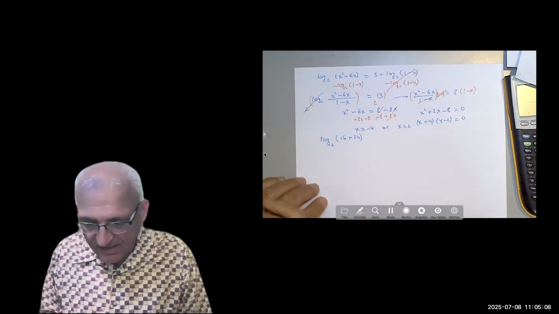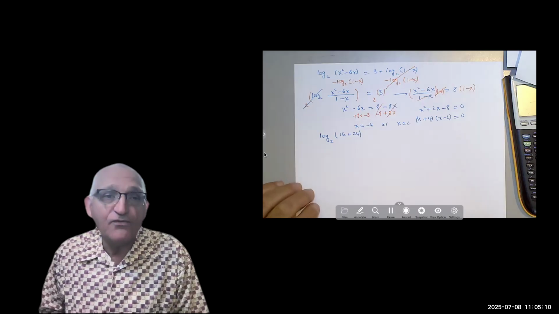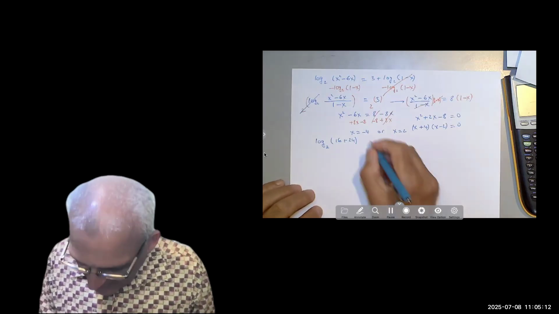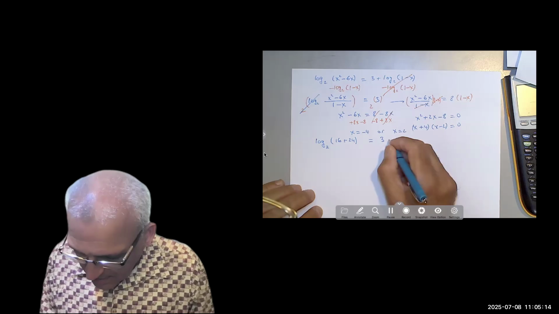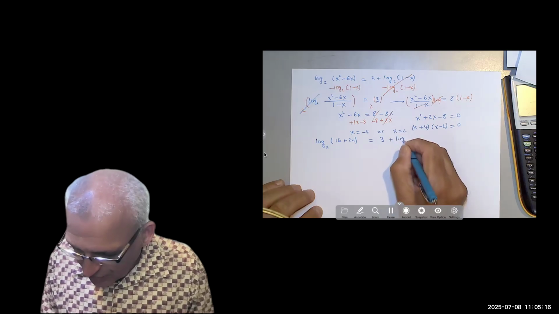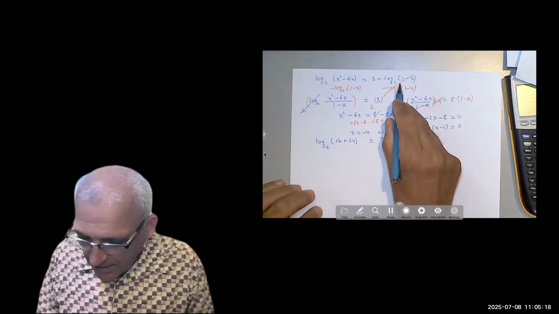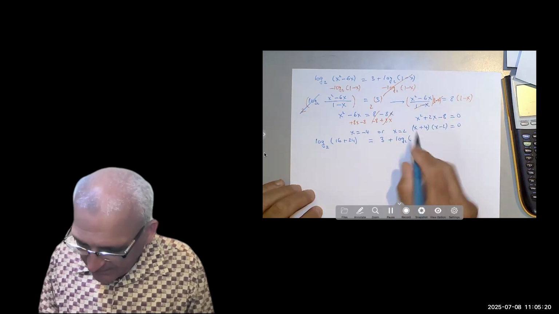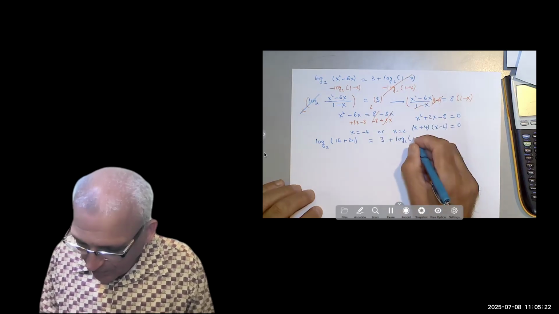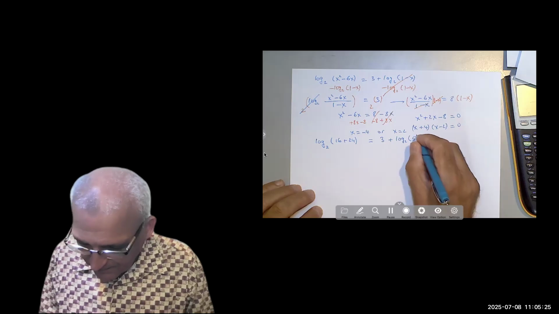So the left-hand side is log to the base 2 of 40. The right-hand side is 3 plus log to the base 2 of 1 minus negative 4, which is 1 plus 4, or 5.